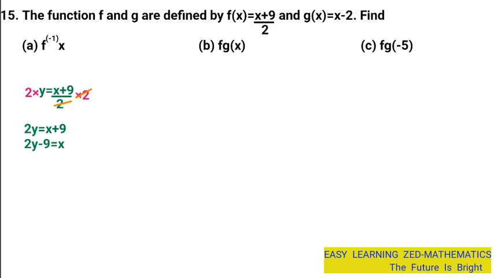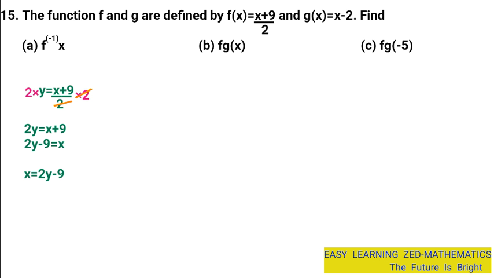So I'm just going to swap 2y minus 9 and x, so x will go to the left side and 2y minus 9 will come to the right side. They will maintain their values.